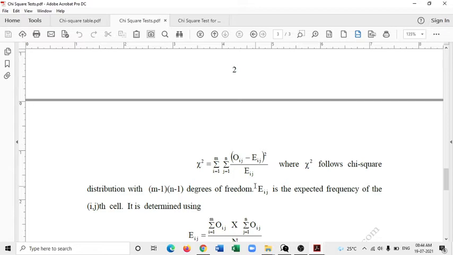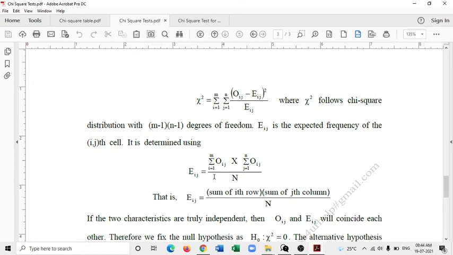Here Eij is the expected frequency of the ijth cell. We can calculate it under the assumption that the two characteristics are independent. For that we have the equation Eij equals the sum over i of Oij into the sum over j of Oij divided by n.